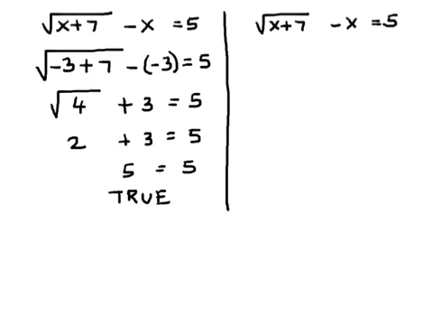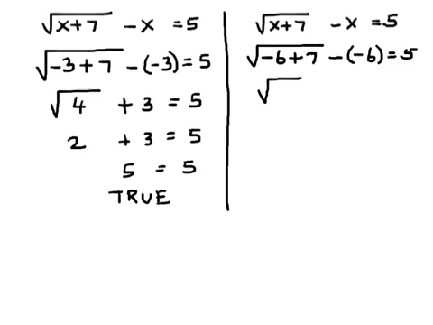Let's do the same thing for x equals negative 6 by plugging into the equation. So plug negative 6 for x: square root of negative 6 plus 7 minus negative 6 equals 5, and simplify that. We have square root 1 plus 6 equals 5, which further gives you 1 plus 6 equals 5, and that is 7 equals 5. And we know that is a false statement.